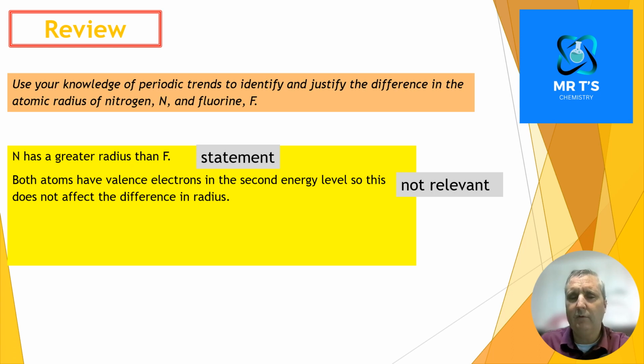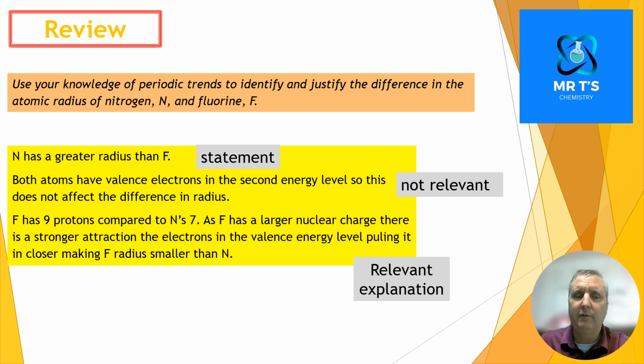It's possibly not the correct word here, but you need to show anybody you're explaining to that you understand that valence electron levels are important, but in this case they're not because they have the same number of valence electron levels. Now we write the relevant statement. Fluorine has 9 protons compared to nitrogen 7.